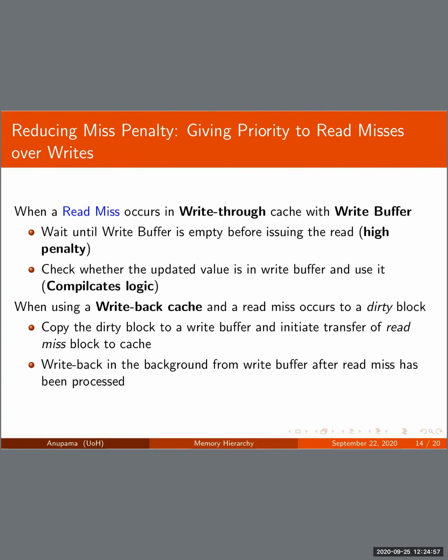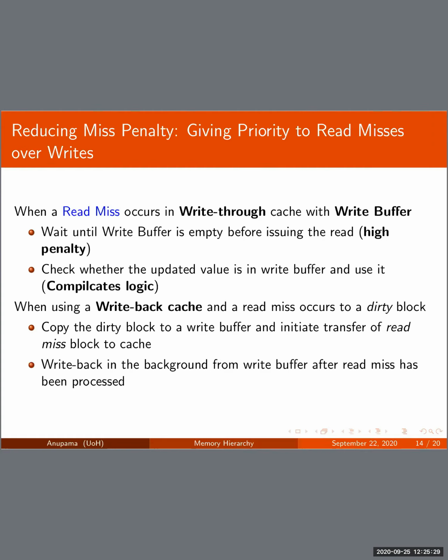Okay, so let's look at the situation when a read miss occurs in a write-through cache. Whenever there is a read miss, what we are saying is there is a block in the cache and you are hitting that block and you find that the tag does not match. So it's a read miss because of that, right?